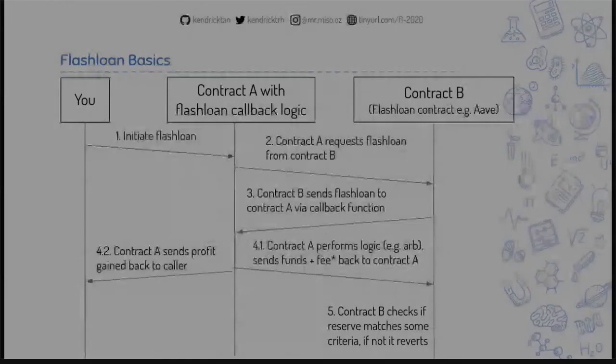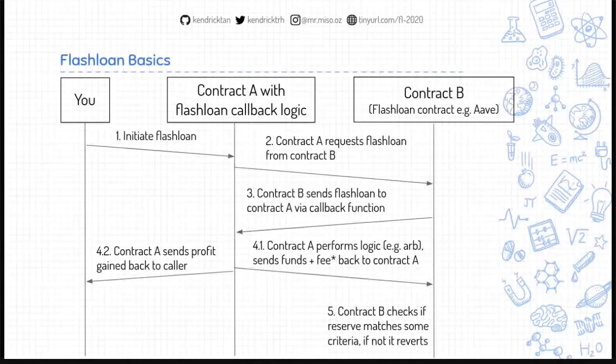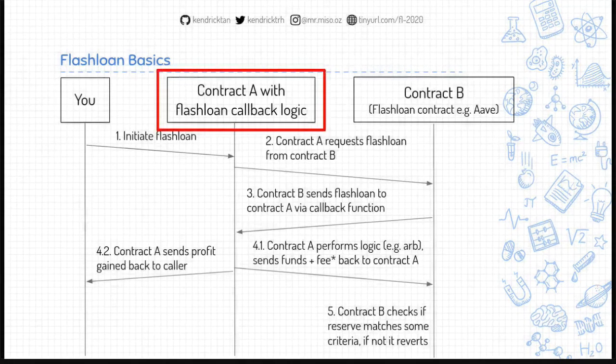So recall the execution flow of a flash loan. You have one contract which is flash loan compatible that contains the hard-coded callback logic, and contract B, which is the liquidity provider. So we know that we can't change contract B, and we know we can't change the message sender. So the only thing we can change is contract A with the flash loan callback logic.